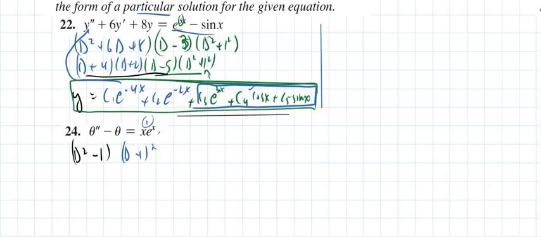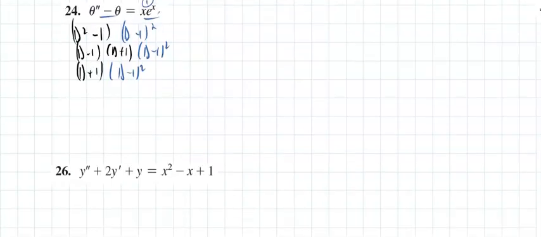So if you really think about it, now if I really want to clean it up, that would be d minus 1, d plus 1 into d minus 1 squared. So that will be d plus 1 into d minus 1 squared. That will zero all of that, will annihilate all of that.